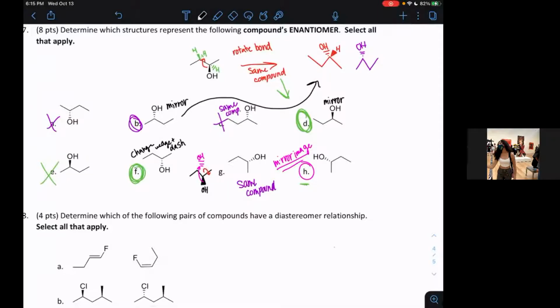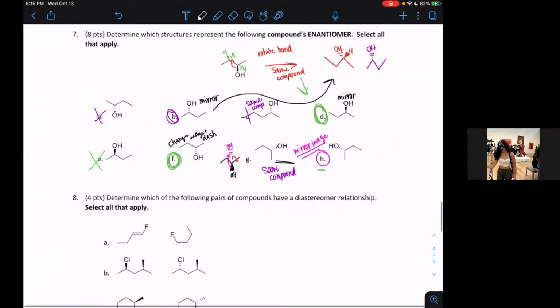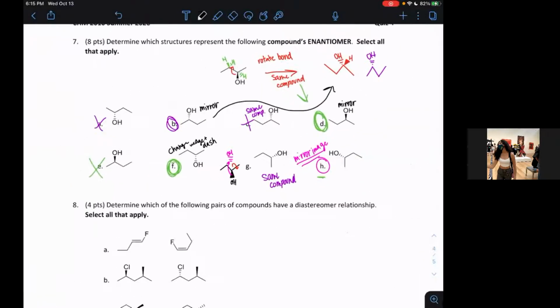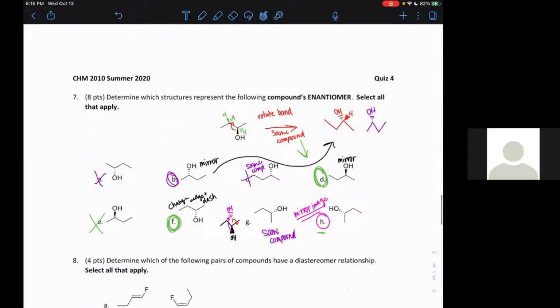And then also rotating the bond here got this mirror image. Yeah, that one is very tricky. We could try that again later, maybe.